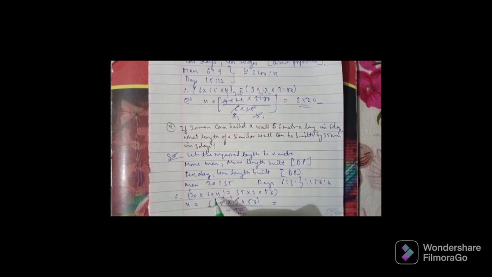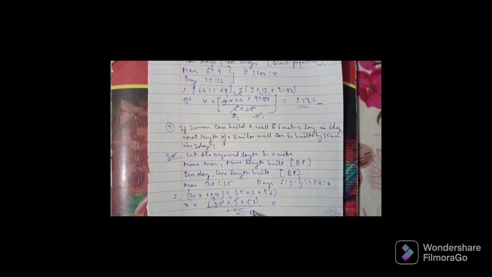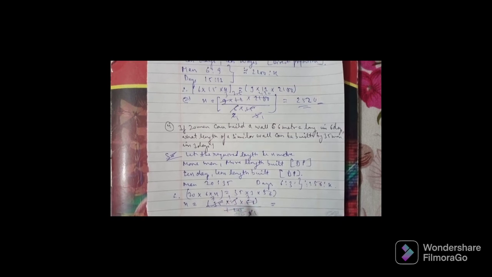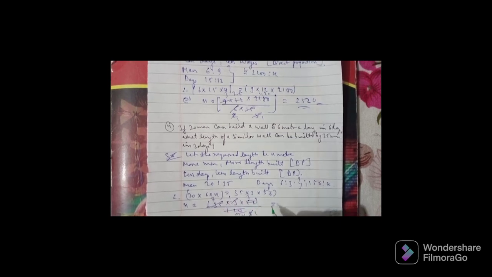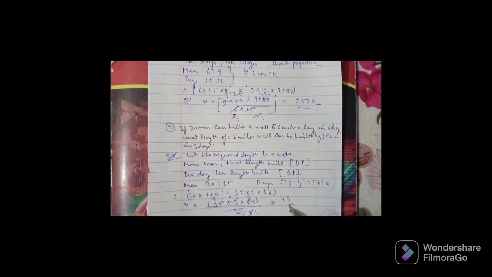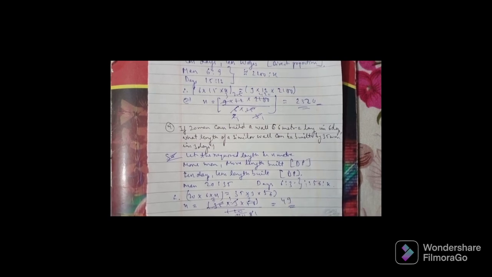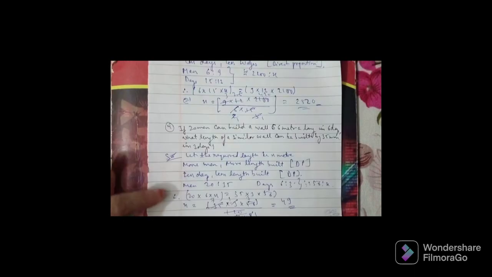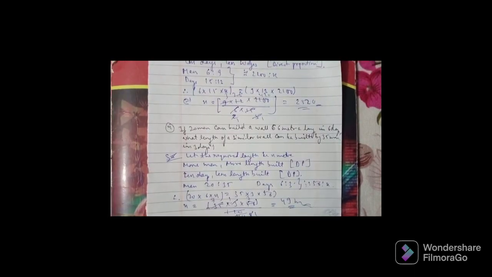Then 5 7s are 35, 5 8s are 40. Then 8 1s are 8, 8 7s are 56. So it's 7 into 1, that is 7, and 7 7s are 49. You will get 49 as an answer, and hence the required length is 49 meter. Okay, 49 meter will be the right answer for this question.